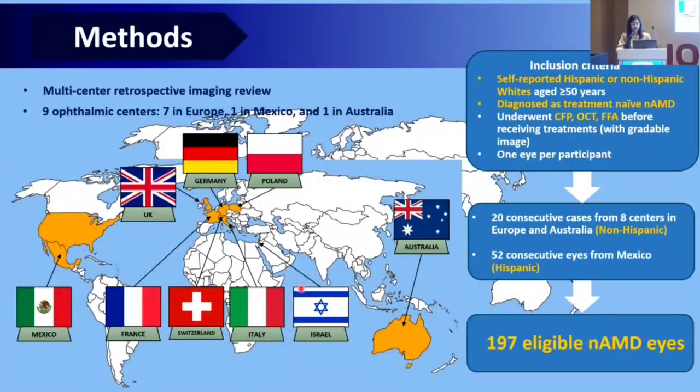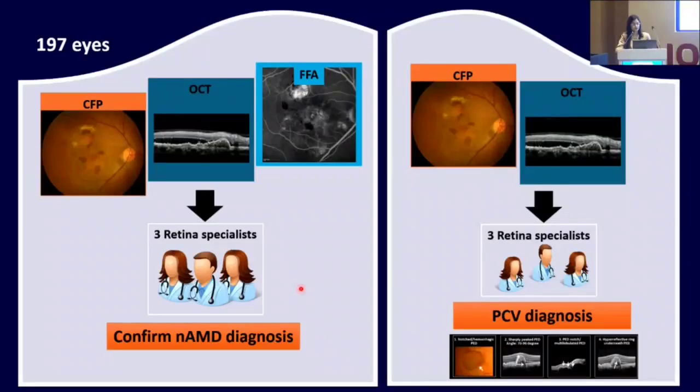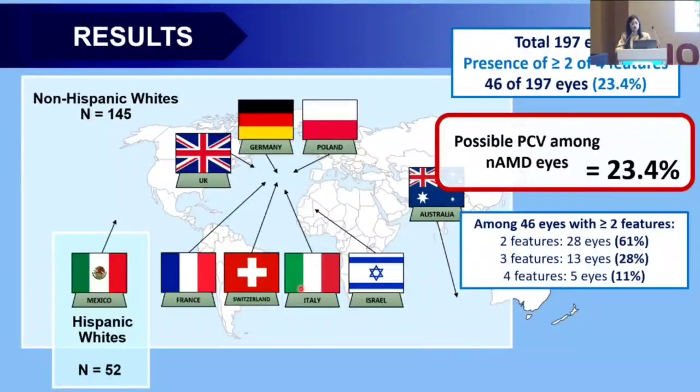It included 145 eyes from 8 centers in non-Hispanic regions and 52 eyes from the Hispanic population. 3 retina specialists confirmed the neovascular diagnosis based on color fundus photograph, OCT, and fundus fluorescein angiography, and 3 retina specialists diagnosed PCV on color fundus photograph and OCT alone. Based on 2 or more features, the prevalence of PCV was 23.4%, even in the non-Hispanic white population, which is quite comparable to the Asian population.